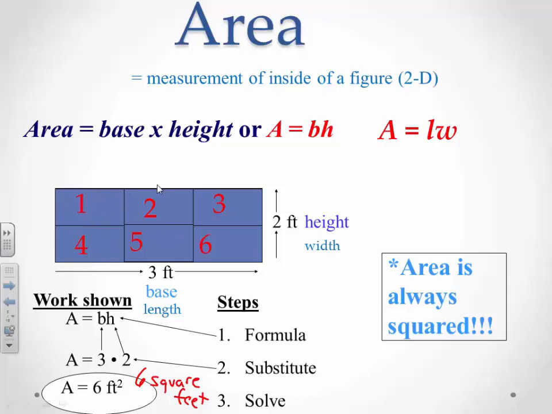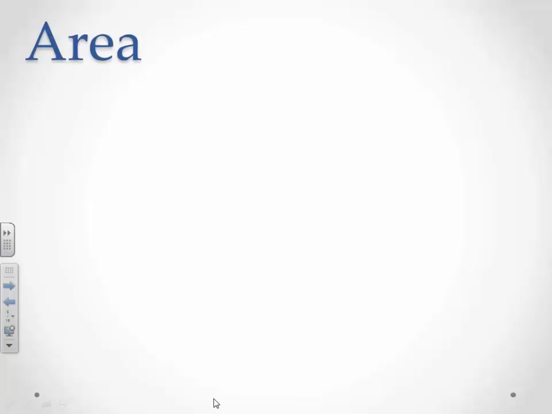But there's 6 square feet that fill that up. That measures area, which is the inside. That's how we measure the inside. And we say it over here, it's always squared. It always has this little 2 floating up there. And we're going to spend a whole bunch of time talking about that. For now, make sure you label it square feet. As always, pause, rewind, do what you got to do.